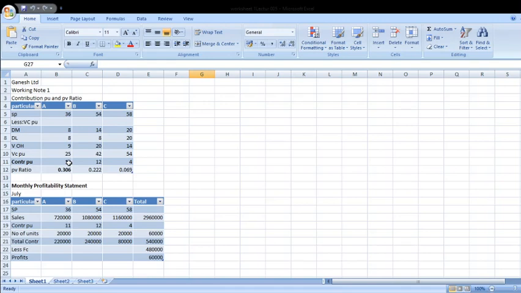So from 1 unit your company is able to make a contribution margin of 11, and as a percentage it is 0.306. So 11 upon 36 will give you this ratio known as PV ratio. Now in the same manner take the data for product B.